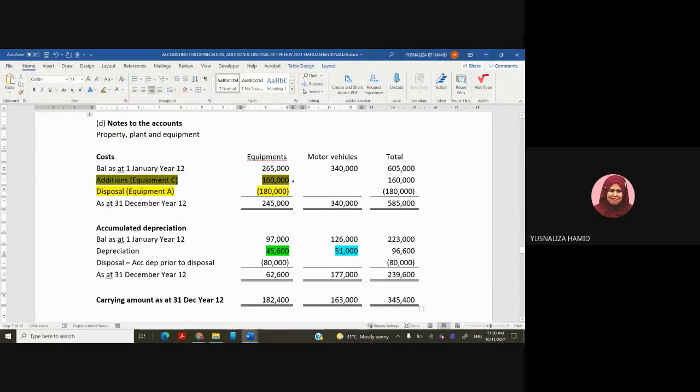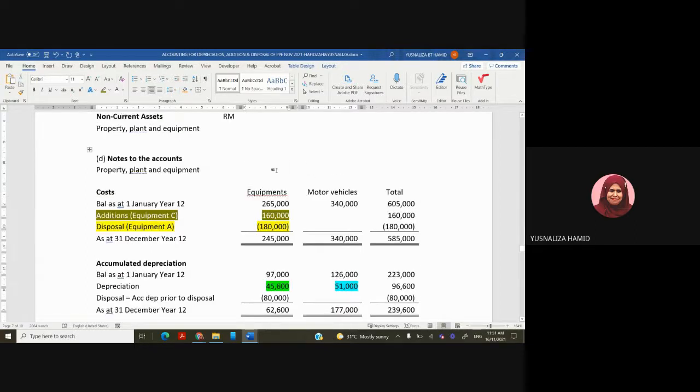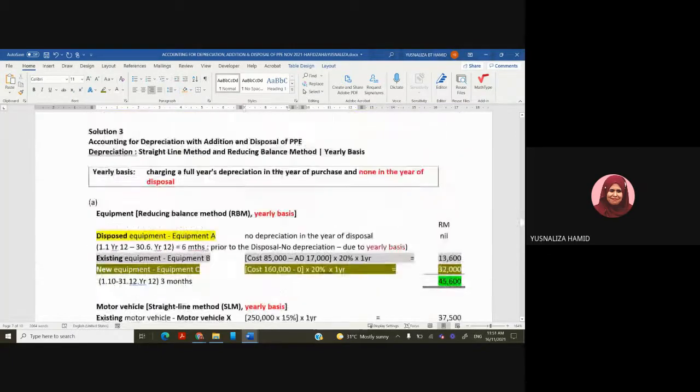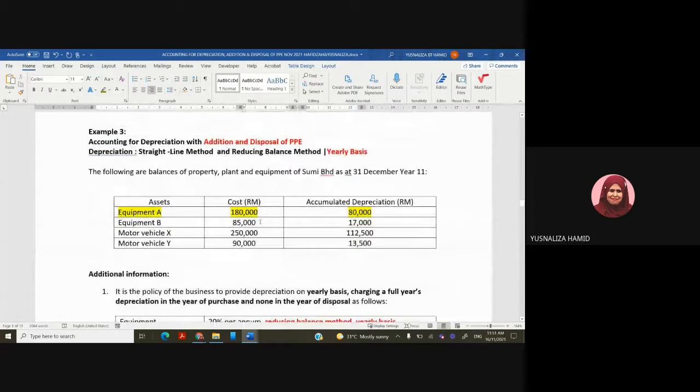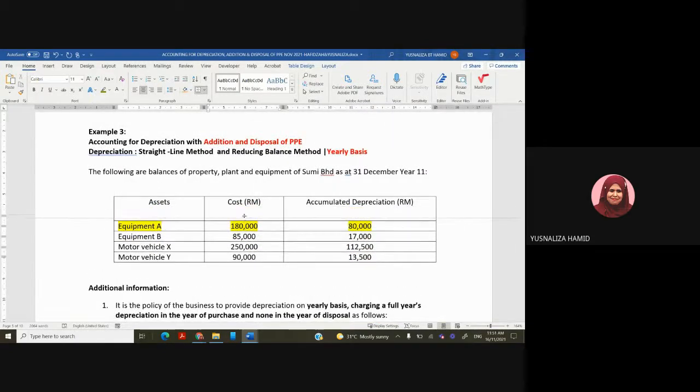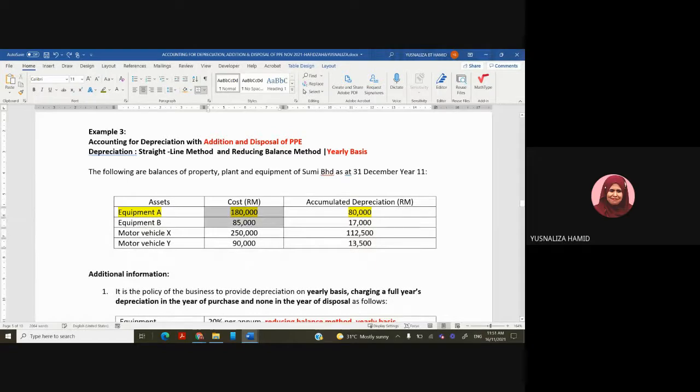Okay. So the rest, the figures here are actually the same as in example 4, 265,340. The concept is still the same, where this 265 is actually coming from this one, 180 plus 180 plus 85 is 265.